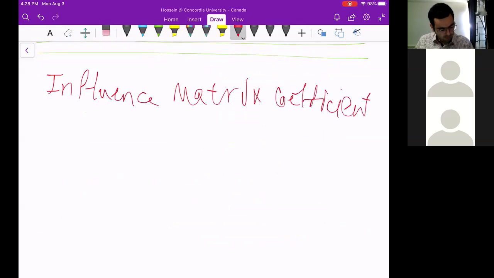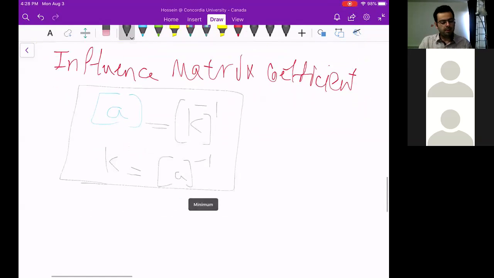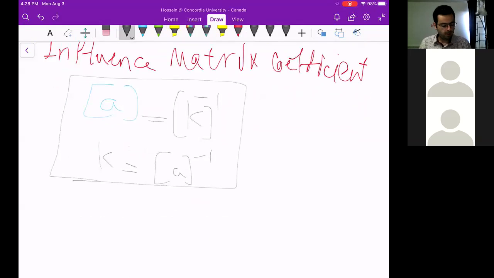Coefficient A, which is the inverse of the stiffness. Basically, K is the inverse of A. So in some problems, it is easier to find the influence matrix rather than finding the stiffness, and you could easily construct the equation of motion in a simpler way, K x is equal to 0.